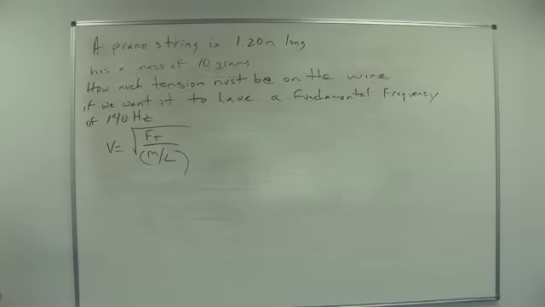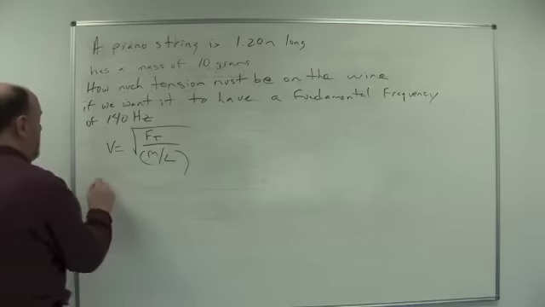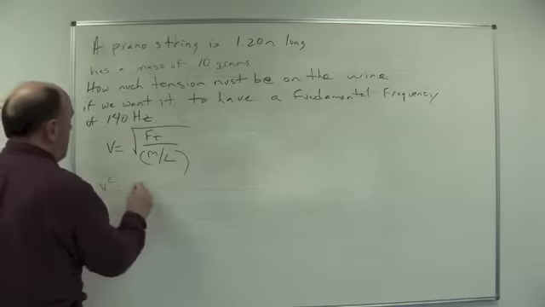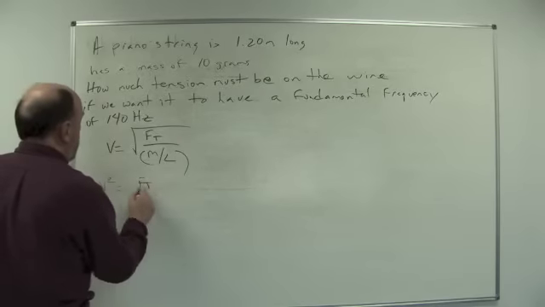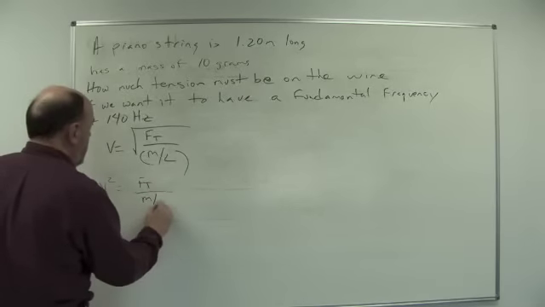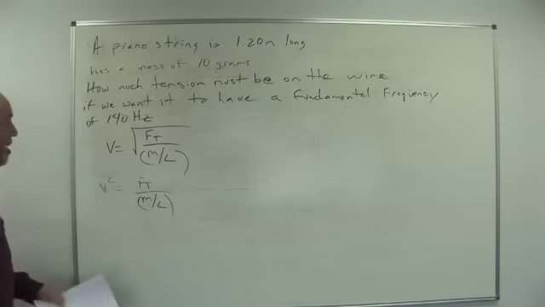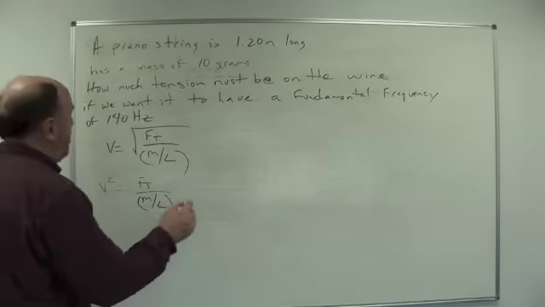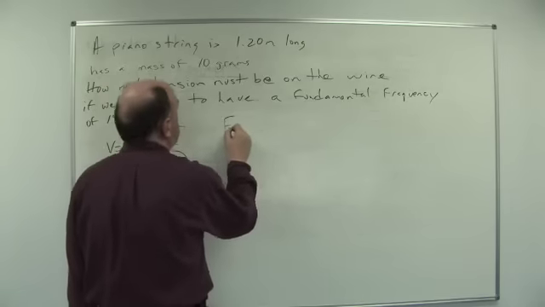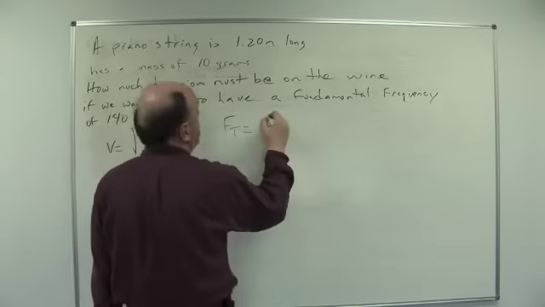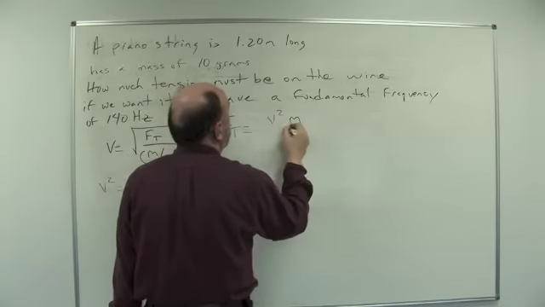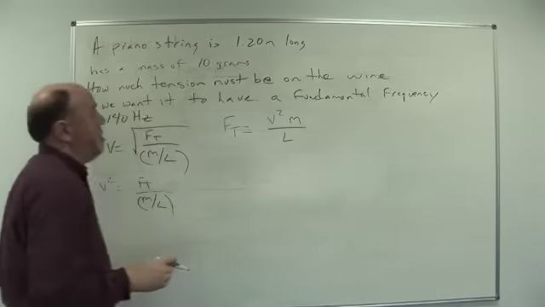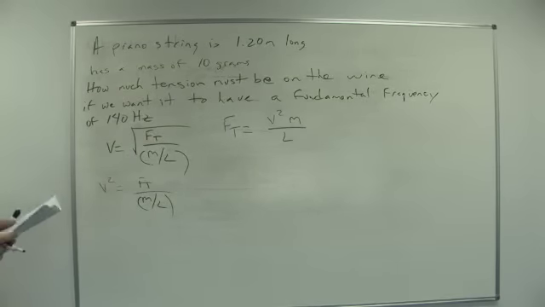The opposite of square rooting is to square both sides, so v squared is going to equal Ft divided by m over L. Since we want to solve for Ft, I bring this over by multiplying, and so we get that Ft, the tension in the wire, is going to be given by v squared times m divided by L.